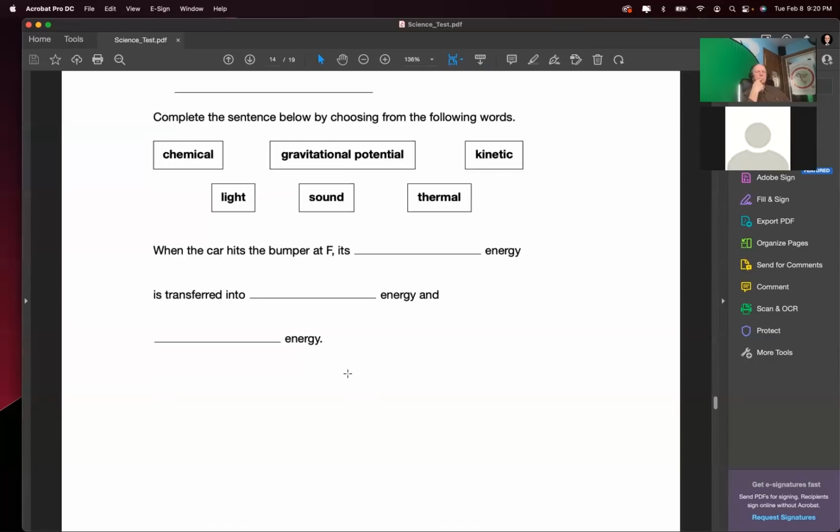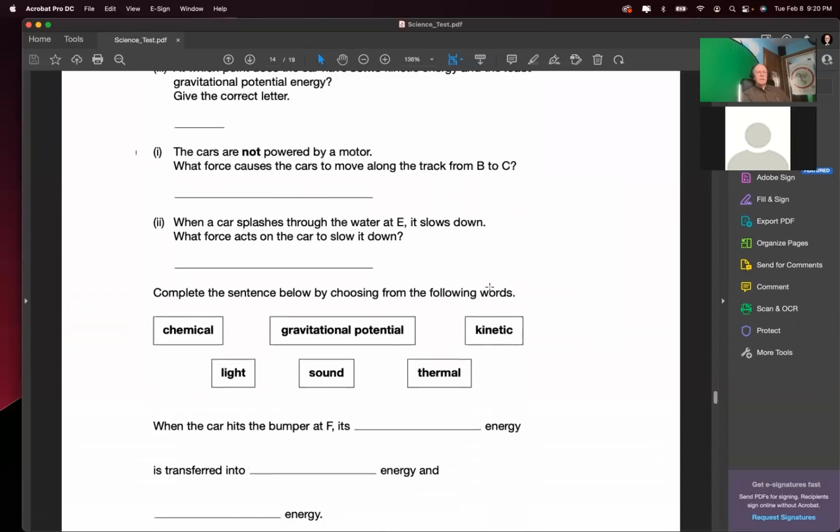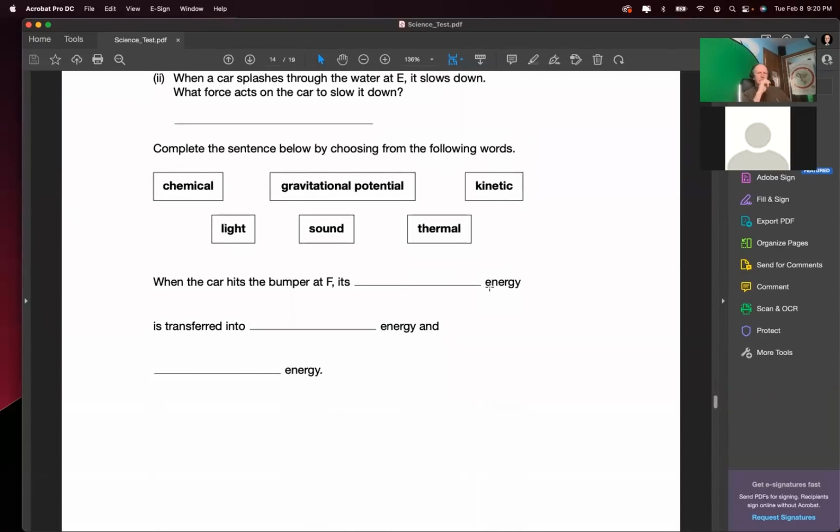Well, I guess you could say it's kinetic energy for the first blank. Can you use a word more than once? Well, no, it's looking for three separate words. Okay, when it hits F, and remember, that's the stop here. Although I thought it might bounce back at F, that it didn't stop completely, but it does stop momentarily.